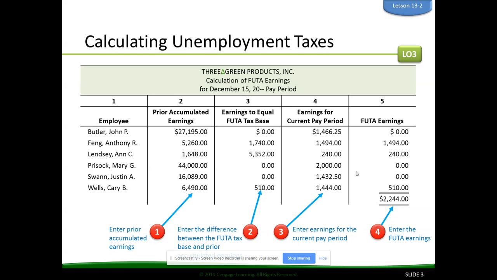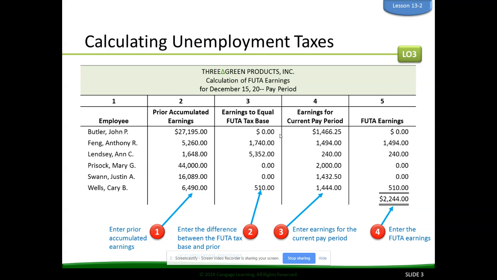And so then column 3, they are just doing the math: 7,000 minus what they have made so far, the column 2 total, and that gives you how far they have to go to get to the $7,000 tax base. So as you can see, 3 of the people have already made over $7,000 and have 0 for their earnings to the tax base. And then the last person you can see is very close to the tax base. They were only $510 away.